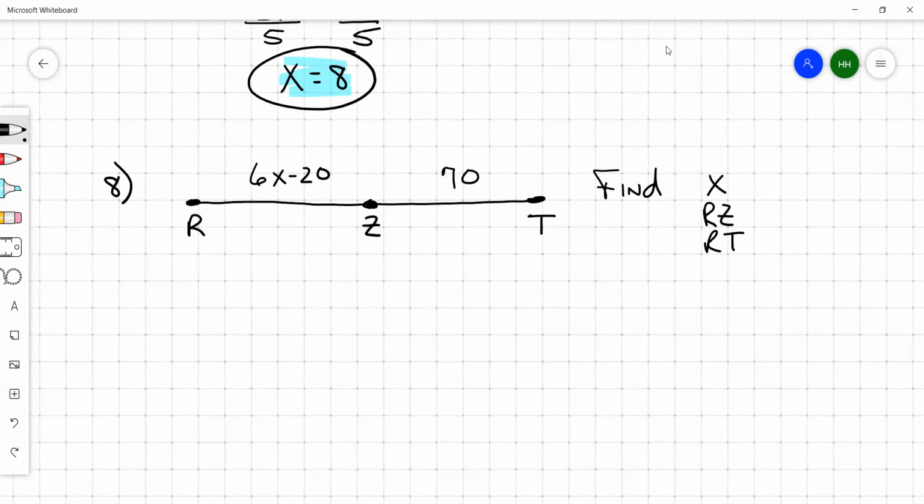So if Z is the midpoint, it's in the middle. And if it's in the middle, then you would have these tick marks here. And the tick marks mean that RZ is equal to ZT. So your 6X minus 20 is equal to 70.